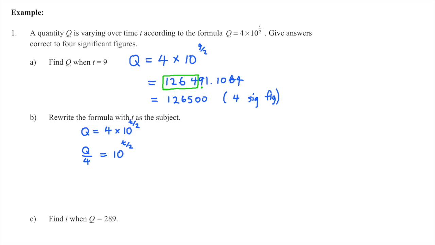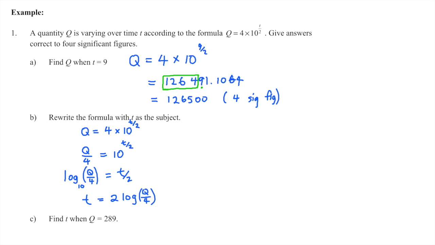Now the whole idea is to get t by itself, so I'll change this from index form to logarithmic form. It'll free up the power, which means I'll slide the base, and I will get log to base 10 of Q over 4 equals t over 2. Times both sides by 2 and I'll get t equals 2 log to base 10 of Q over 4.